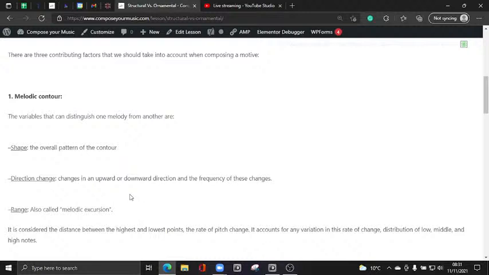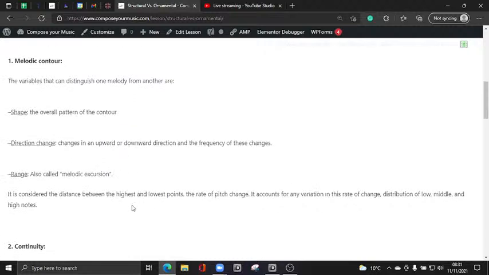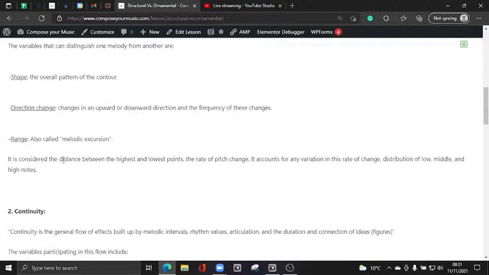So the high points and the low points. It is considered the distance between the highest and the lowest points, the rate of pitch change. It accounts for any variation in this rate of change, and the distribution of low, middle, and high notes. This is a little more complex. In a motif you could have more notes in the low range, more notes in the middle range, more notes in the higher range within this melodic excursion.